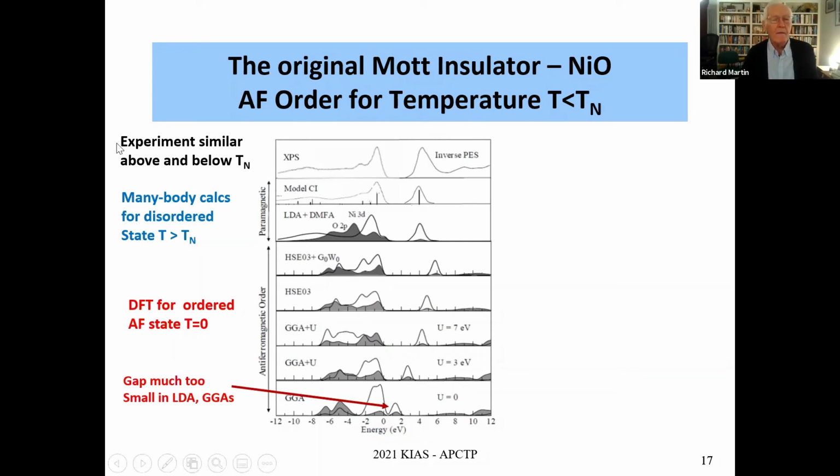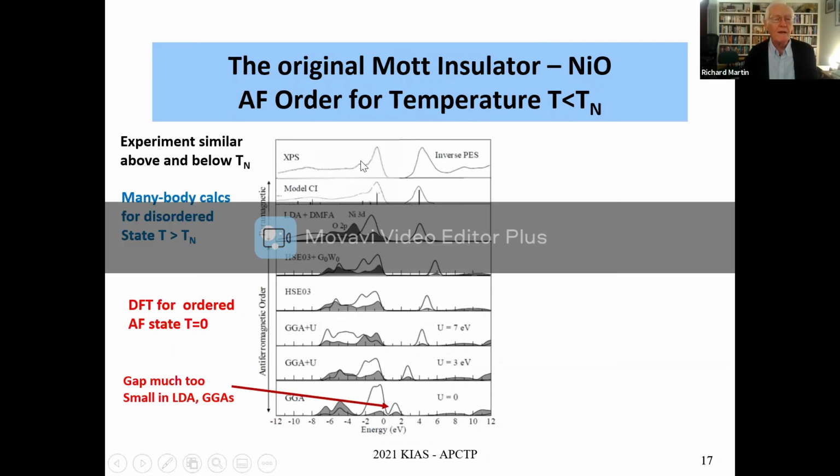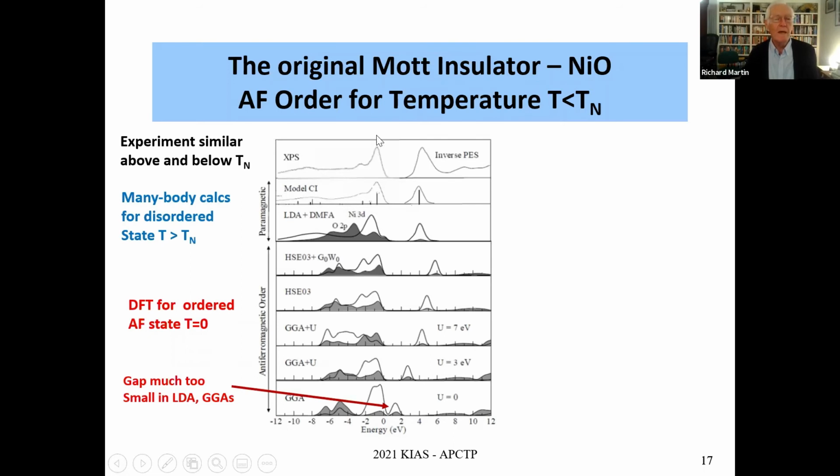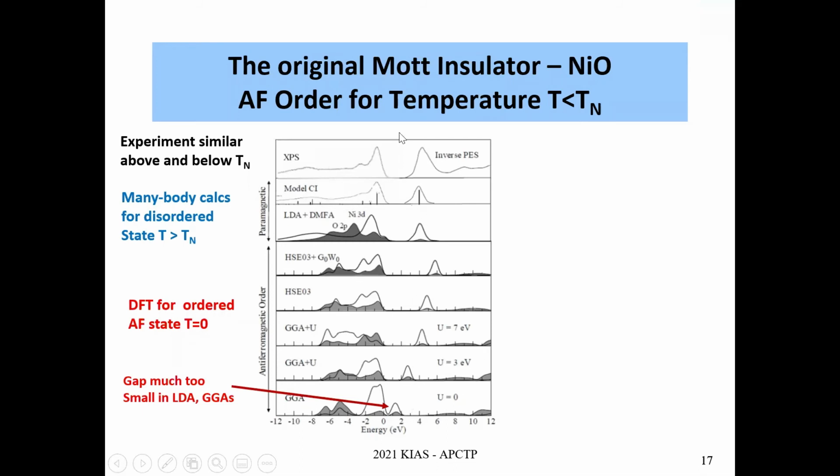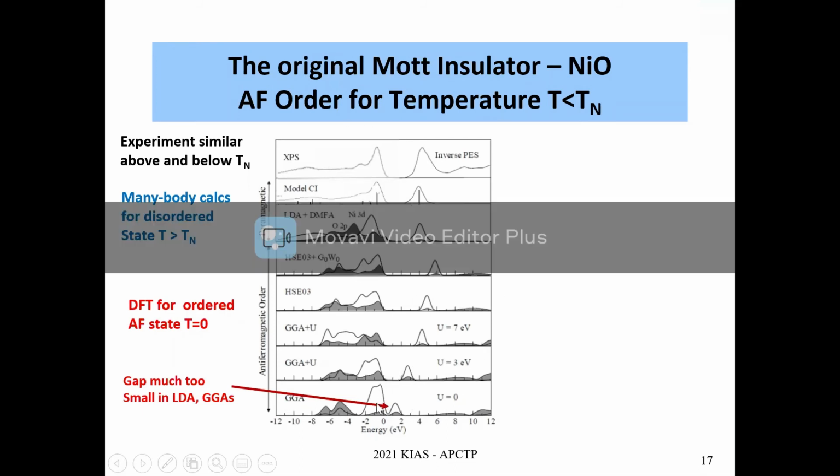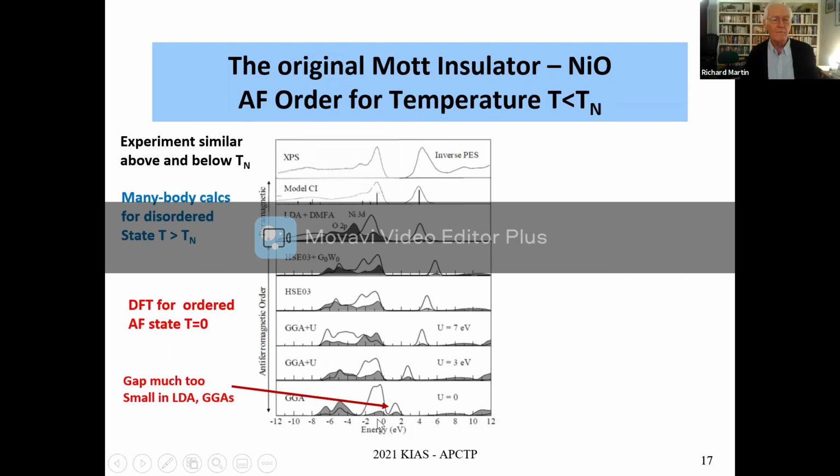The picture that's shown here is mainly due to the nickel. The matrix elements are such that the oxygens are not observed as much. But then of course in the theory, we have other information from other sources of the relative positions of the nickel and the oxygen energies in their spectra.